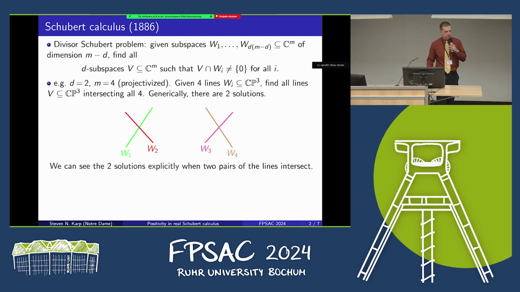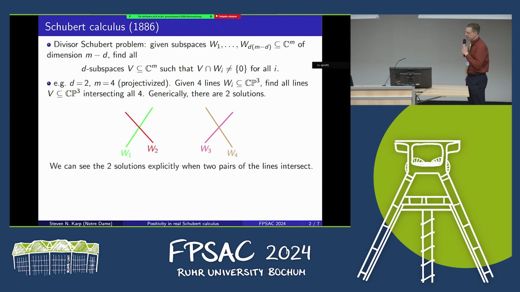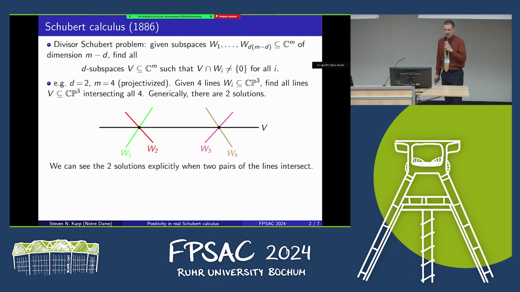Even in this simple case, these 2 solution lines are not easy to visualize geometrically, but we can visualize them in certain special cases, like this one depicted here, where W1 and W2 intersect each other and W3 and W4 intersect each other. So does anyone see at least one of the solution lines that intersects the 4 w_i's? Yes, the one passing through the 2 intersection points.